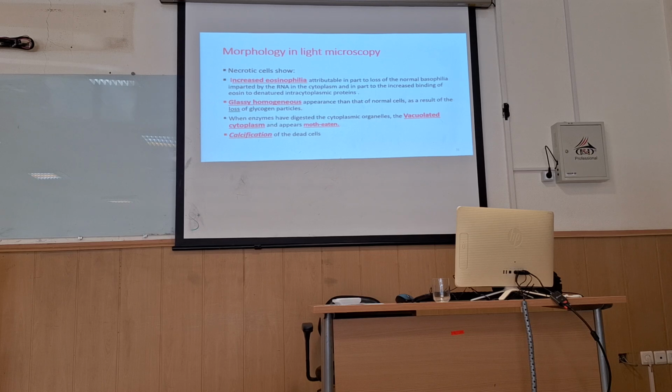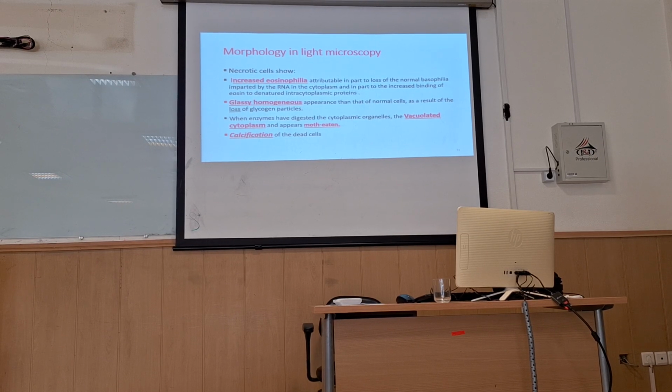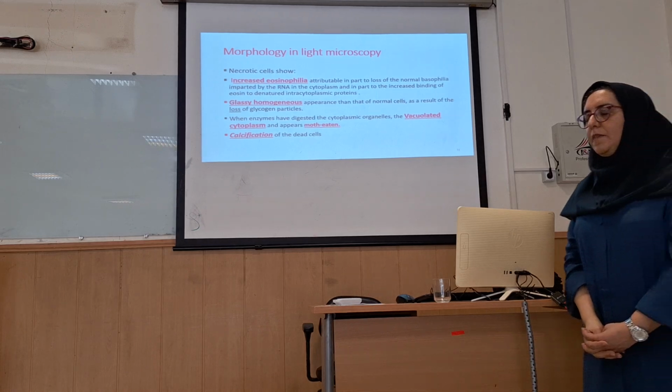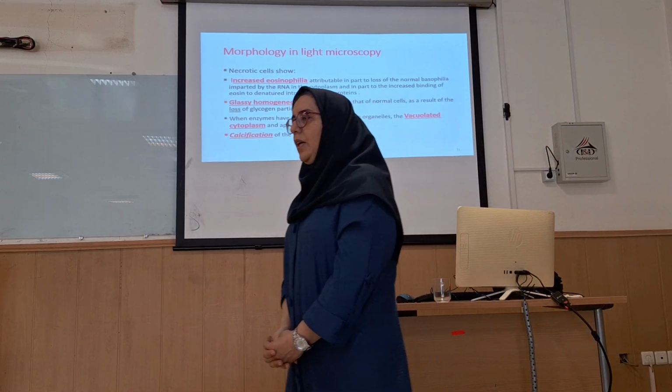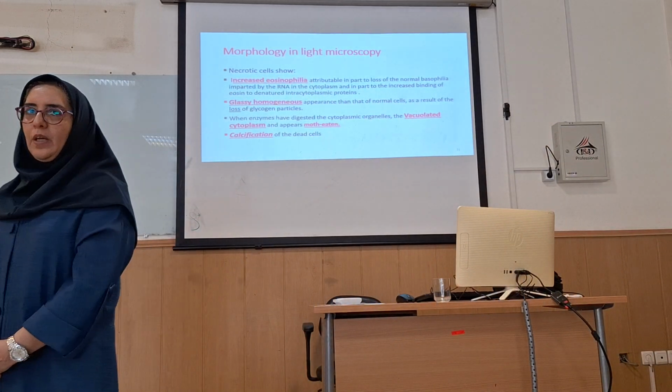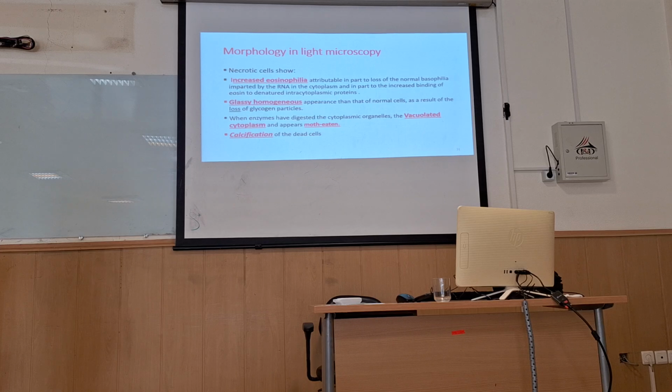Okay? In a necrotic cell, we have increased eosinophilia because we lose basophilia due to loss of DNA. DNA is fragmented and lost, and so we have increased eosinophilia. Also, the denatured protein attaches to eosin and becomes pink rather than basophilic staining.